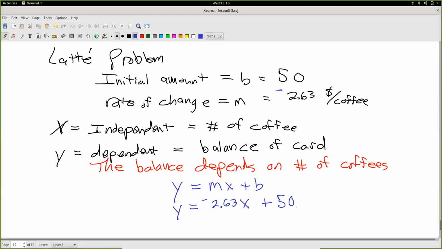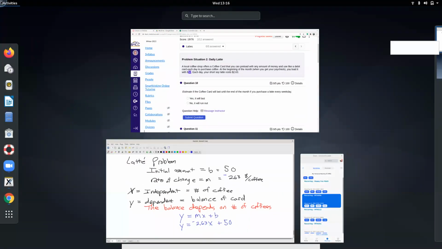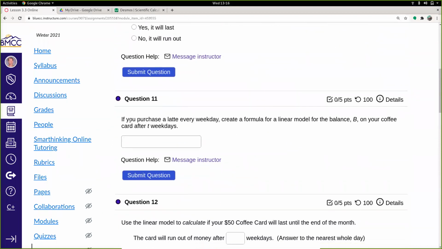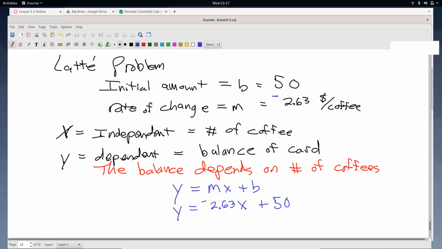Okay, it says for the balance start with B, so would it be B equals? No, okay. Well, I've got to go back and look at the variables they want me to use. So if I scroll down here, you're on question 11. If you purchase a latte every weekday, that's important, create a formula for the linear model for the balance B. Now I was calling it Y, they're saying call it B. And they're calling each weekday, which is each time I get a coffee, T. So I'm going to write my equation again.